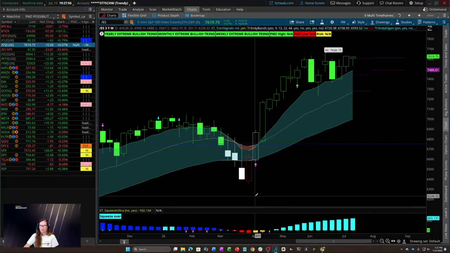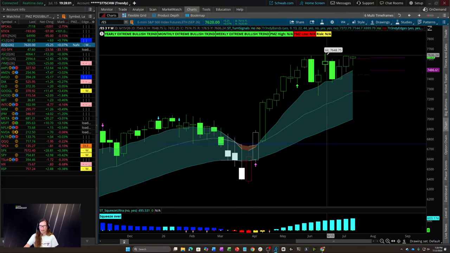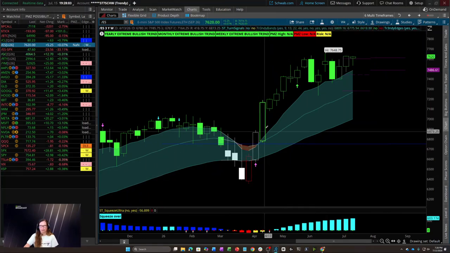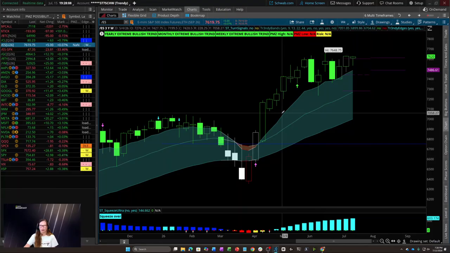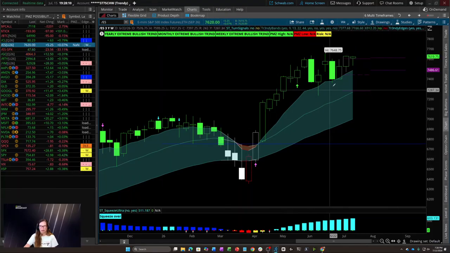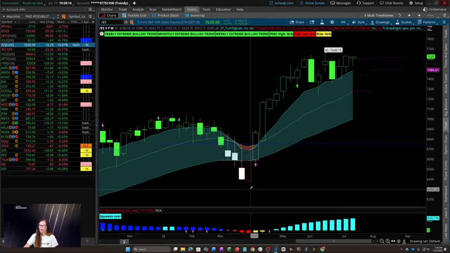I look at the most recent swing low to swing high. This is a bullish trending chart. All right. We are making higher lows and higher highs. It is in a bullish trend.